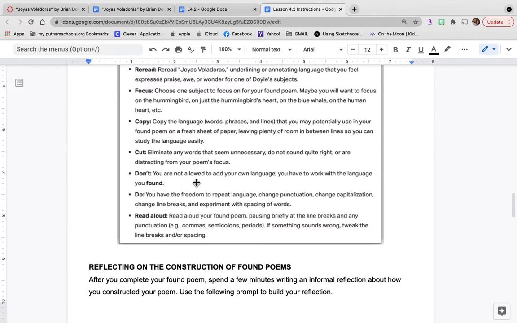You are not allowed to add your own language. You have to work with the language you found. You have the freedom to repeat the language, change punctuation, change capitalization, change line breaks, and experiment with spacing of words.